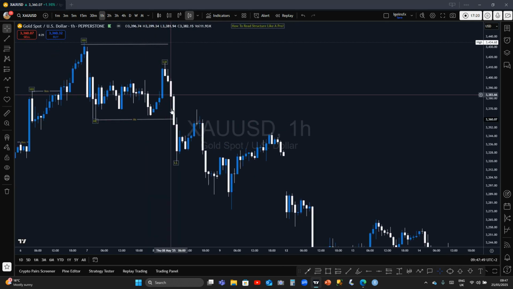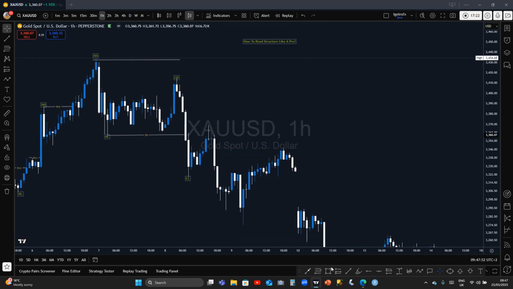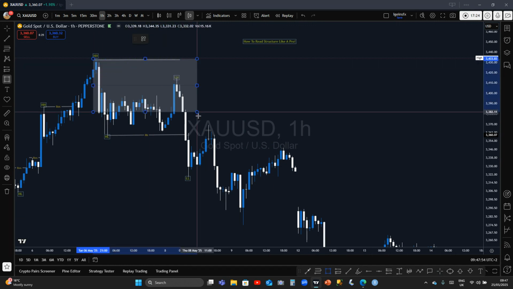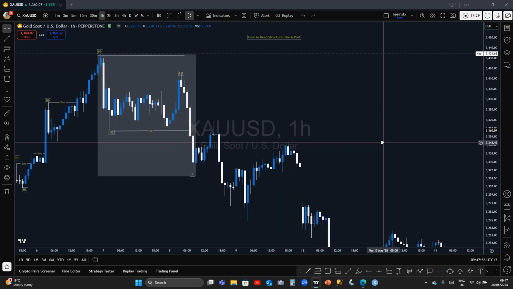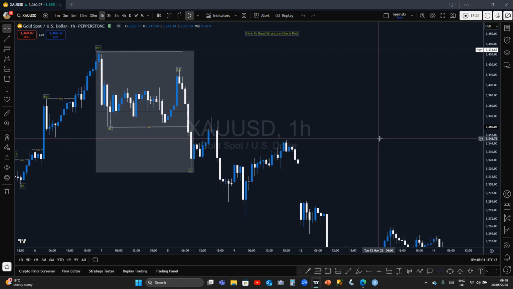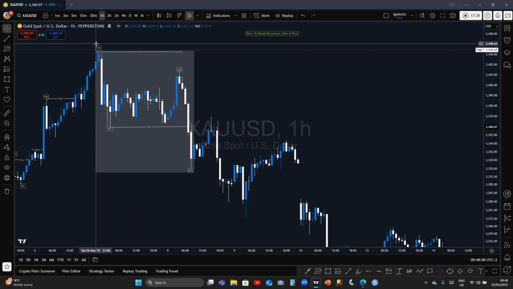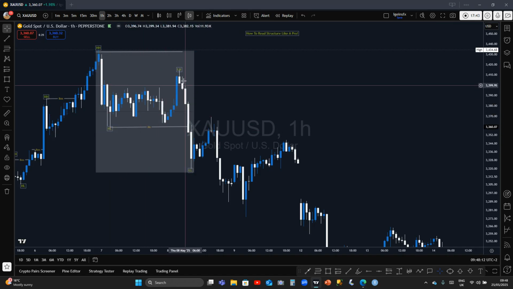At this point, from here to this point, a bearish trend has not been established. From this point to this point, price created a high, created a low, consolidated, created a lower high, now created a lower low. Bearish trend is not yet established.